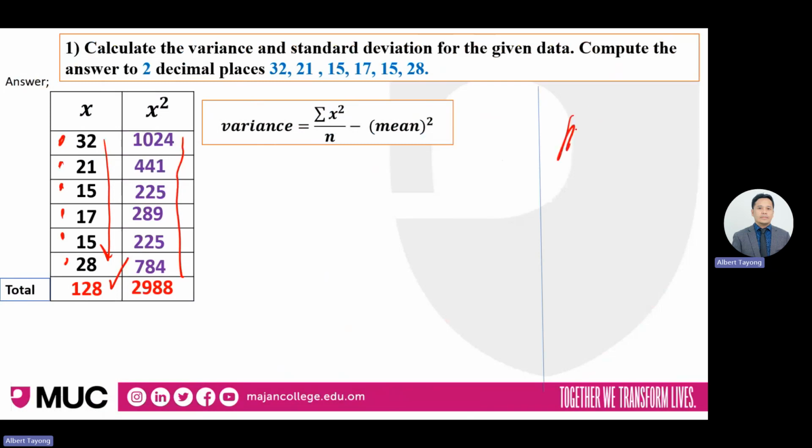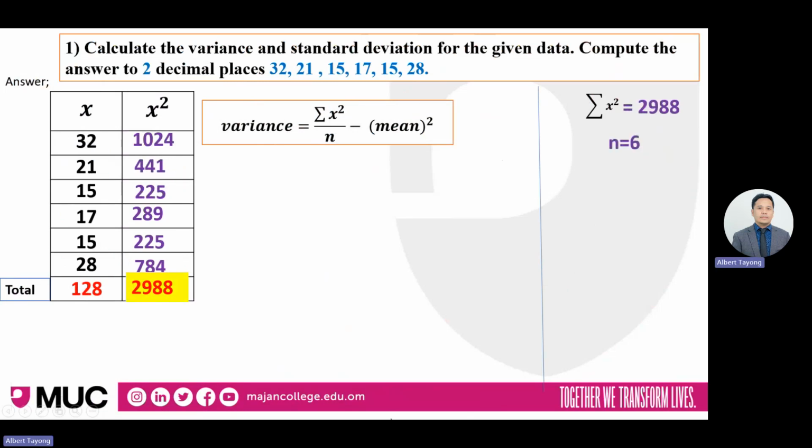So the mean is the total of x over n. So immediately you can put it here. So we have our x squared. The total is 2988.